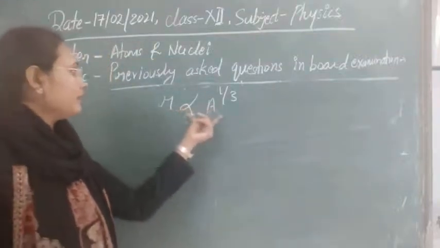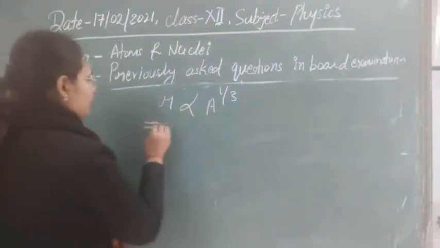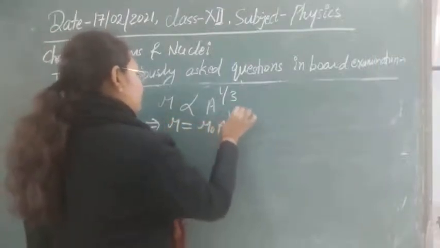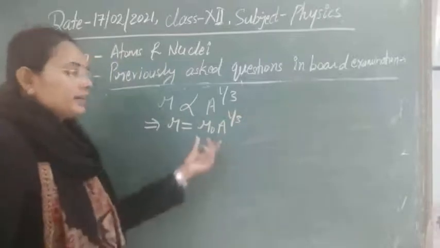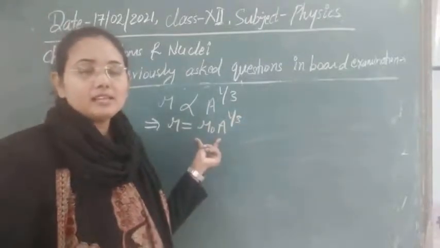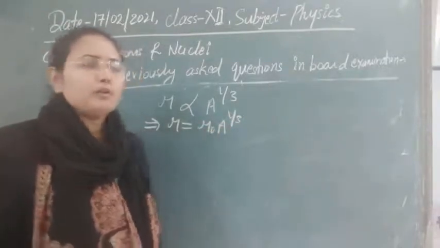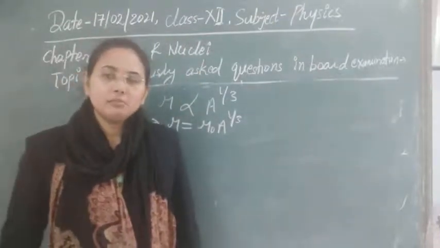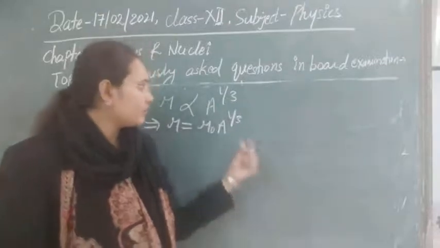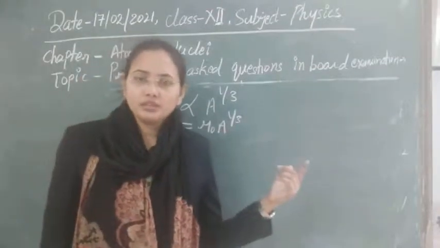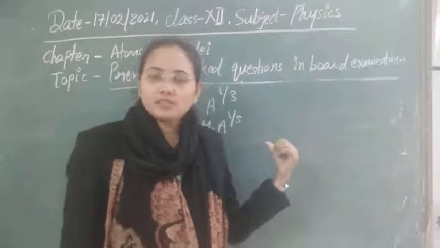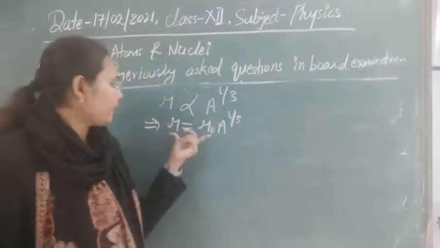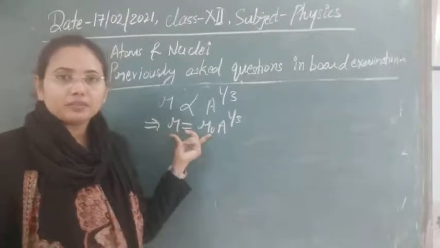This is the minimum radius possible, obviously for hydrogen, as the atomic mass there is equal to 1, so in that case R will be equal to R0.